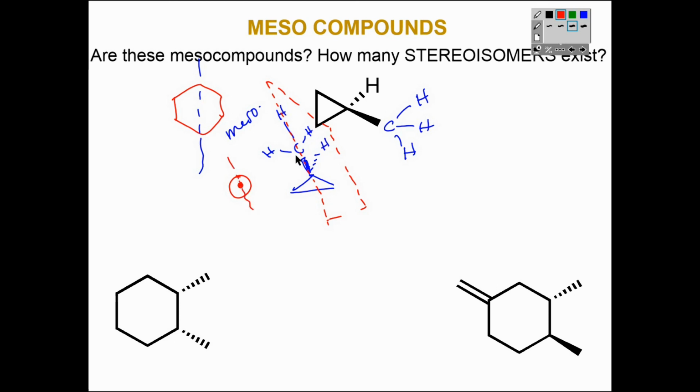So you can cut the whole molecule into half. So this molecule has an internal plane of symmetry, and so it's meso.